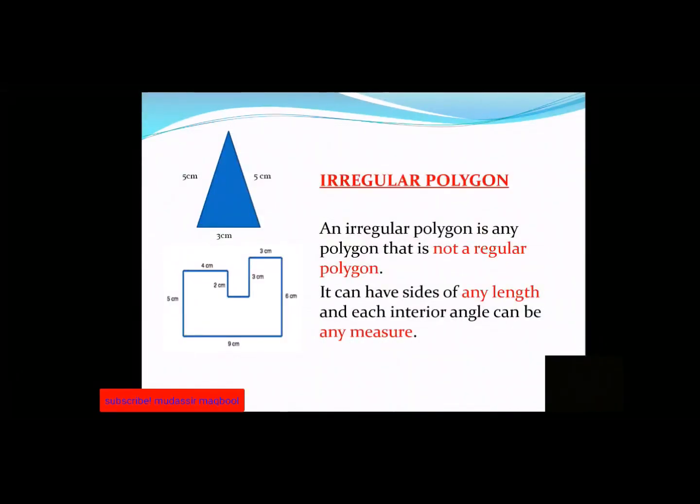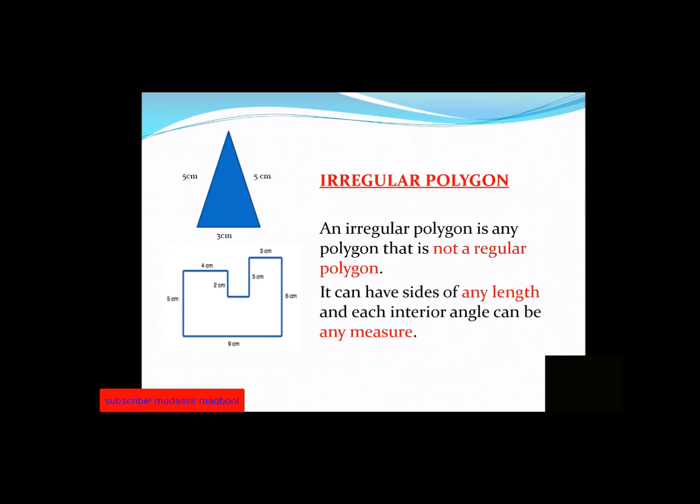Number two is irregular polygon. An irregular polygon is simply a polygon which is not regular. That means if we have a polygon which does not have the properties of a regular polygon, then that polygon is simply an irregular polygon. For example, we have the triangle in which two sides are equal to 5 centimeter and the third side is equal to 3 centimeter.